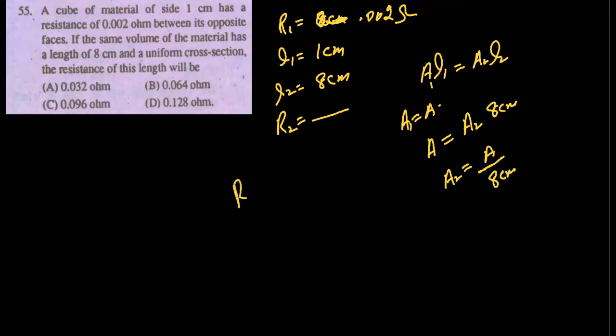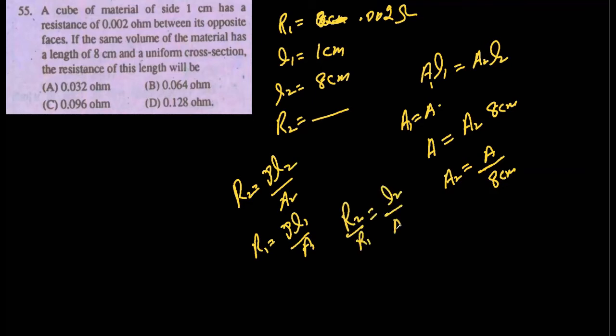So my R2 will be equal to rho L2 divided by A2, and R1 will be equal to rho L1 divided by A1. So R2 divided by R1 will be equal to L2 divided by A2 into L1 multiplied by A1. R2 is what we need to find.